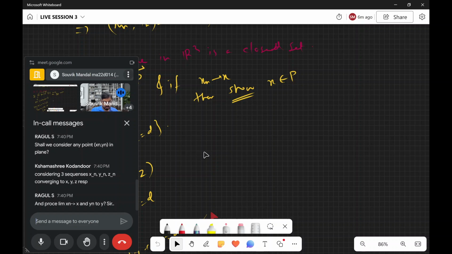So what you have actually used is this function. Apart from answering the question, this is a continuous function, right? So that's why.